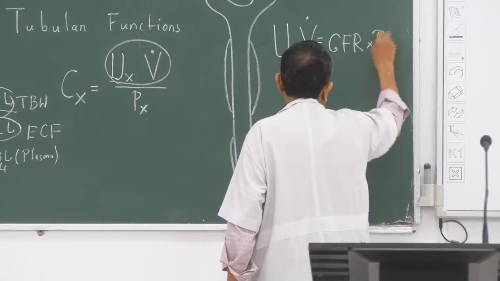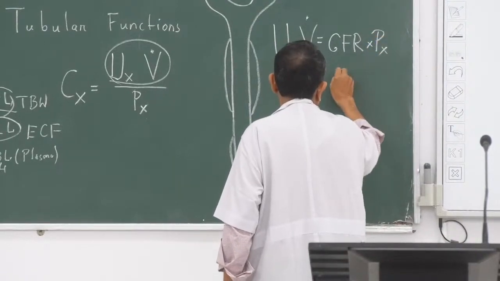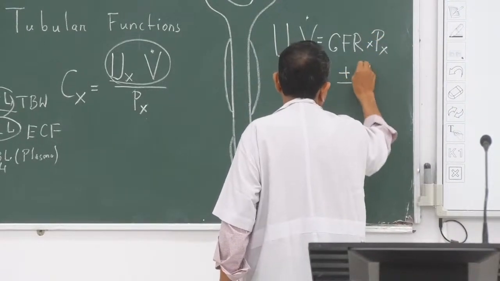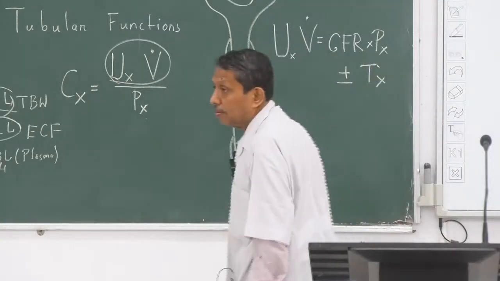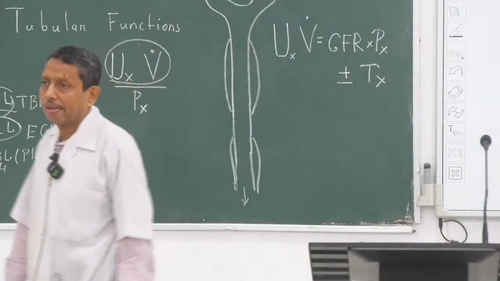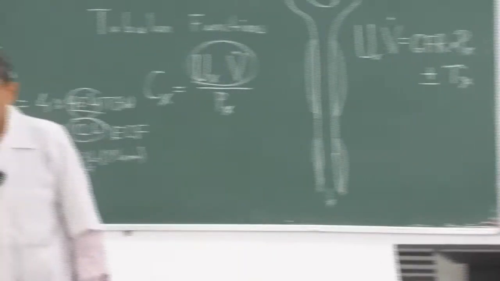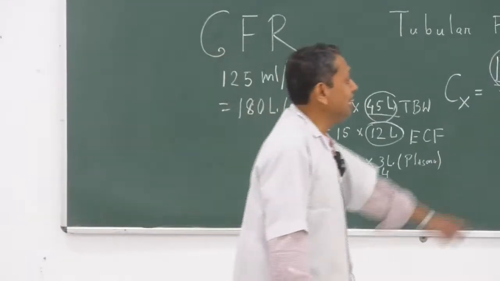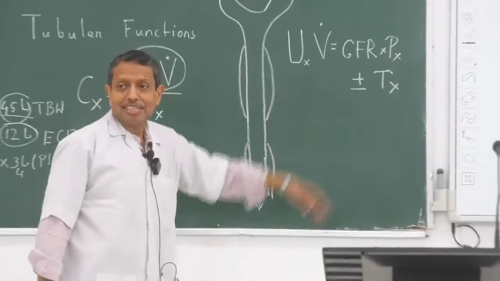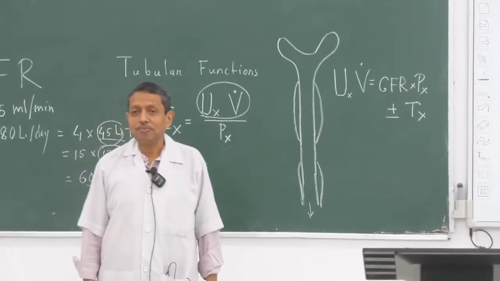Into plasma concentration plus minus Tx, that is the transfer per unit time. It is the very initial part of understanding of the tubular function.